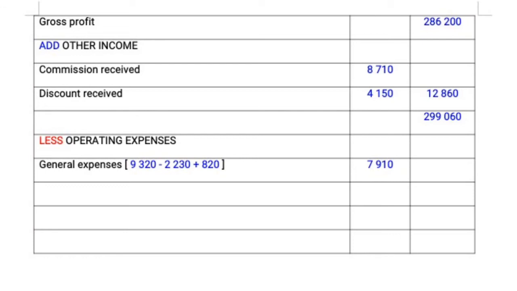So any unpaid amount, outstanding amount, amount in arrears, amount due, or accrued or owing is added to the figure in the trial balance. So 9320 minus 2230 plus 820, you get 7910. So we are through with the general expenses.